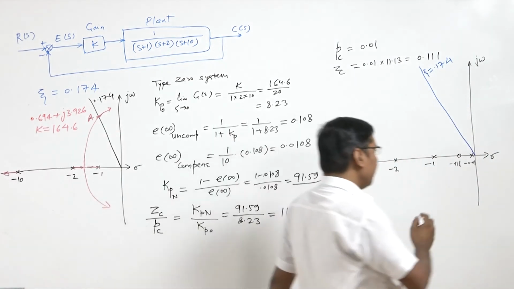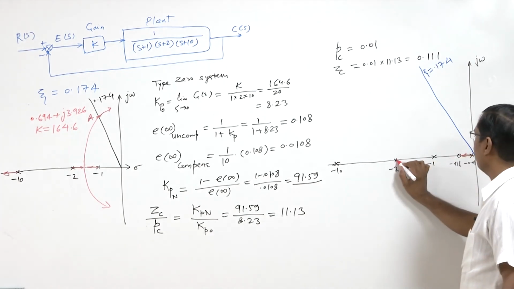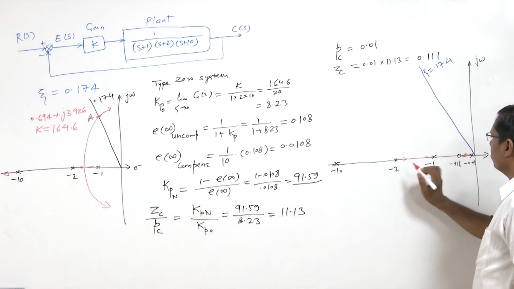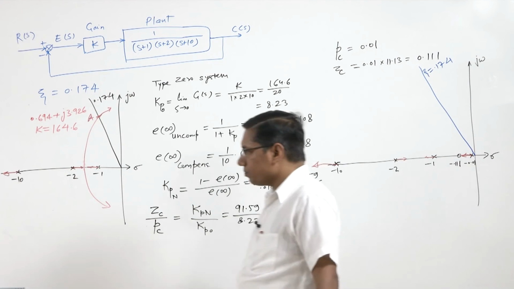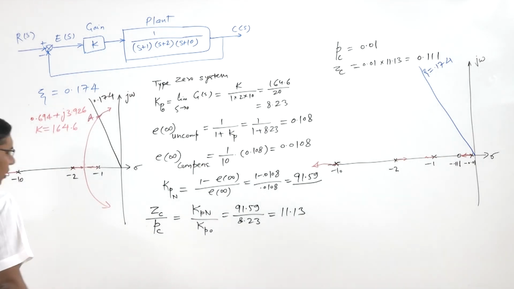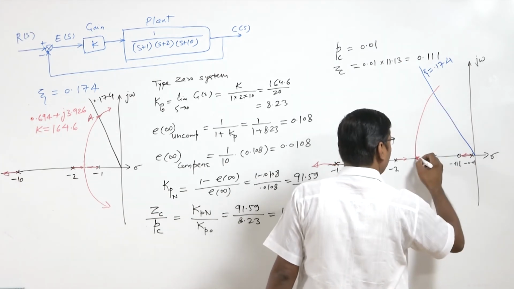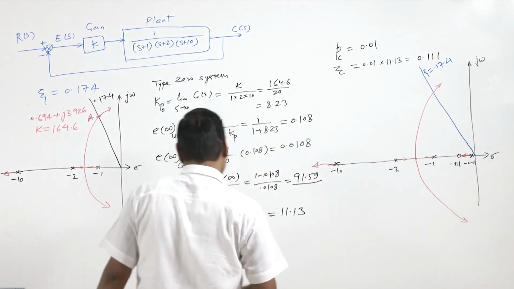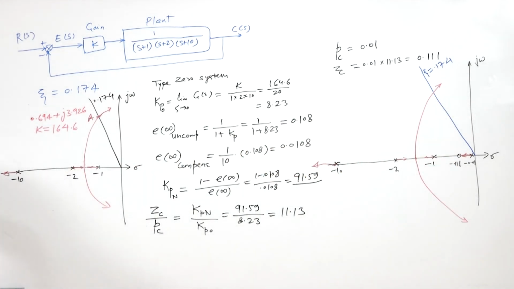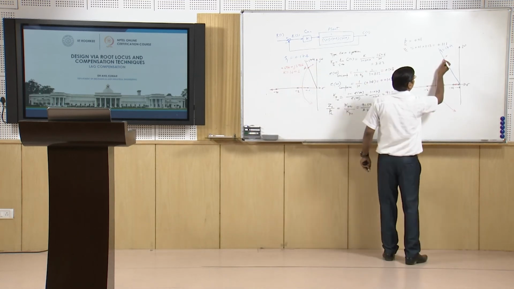We can see the root locus here. It starts at these poles and ends at the zeros. Here it will start, and this will start and go to infinity. So this root locus will go and cut this line at this point.